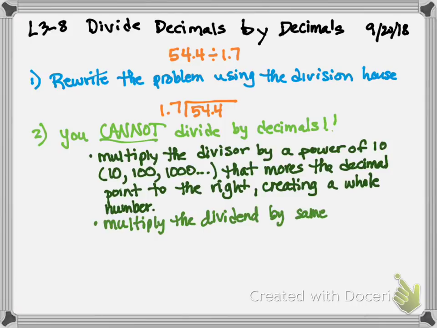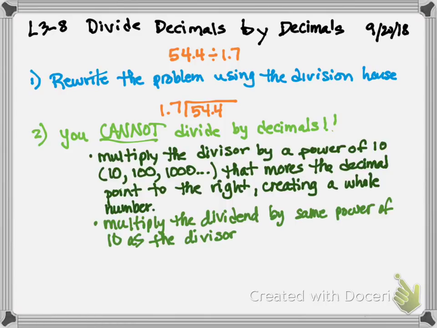So if I multiply my divisor by 10, I got to multiply my dividend by 10. I multiply my divisor by 100, I got to multiply my dividend by 100. Same as the divisor. Fair is fair. That's all we're going to worry about being here is fair.